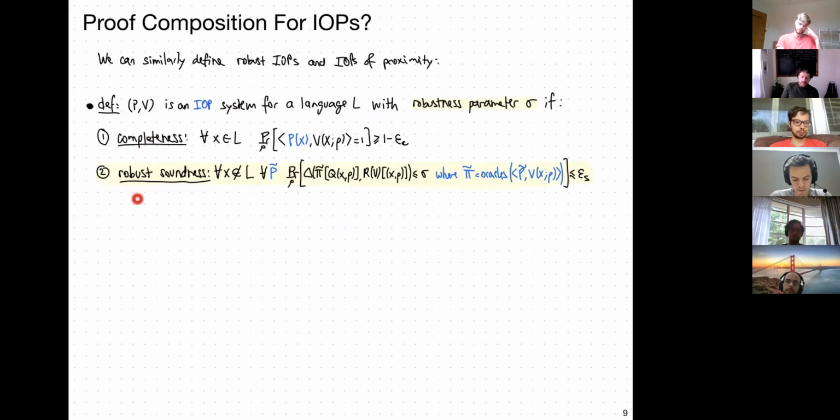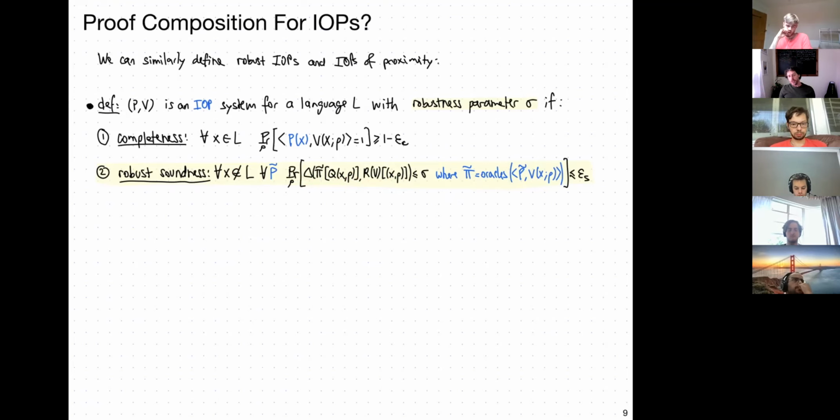And this robustness condition would change almost exactly as in the setting of PCPs. So we're saying, if we have a bad input, then for every prover strategy, the distance of the local views, the point at which we look in the oracles, from accepting local views must be large, or the probability that it will be small is small.